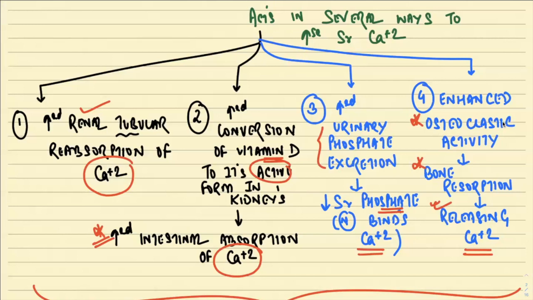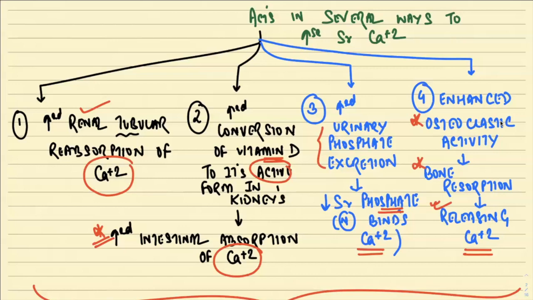These RANK ligands combine with the RANK receptor present on the osteoclast precursors, causing differentiation. The end result is excessive activity of the osteoclast, and if you remember, the main function of osteoclasts is to eat the bone, releasing calcium from the bones.